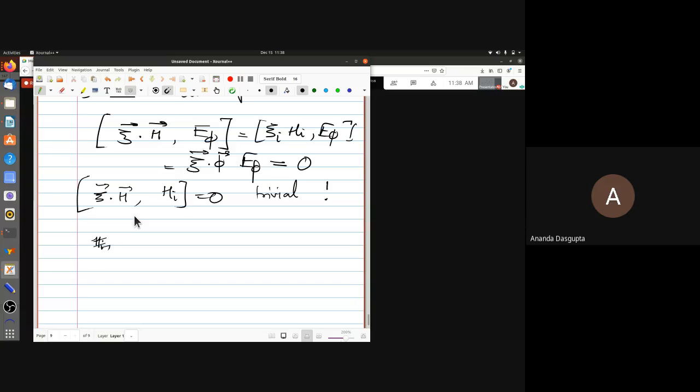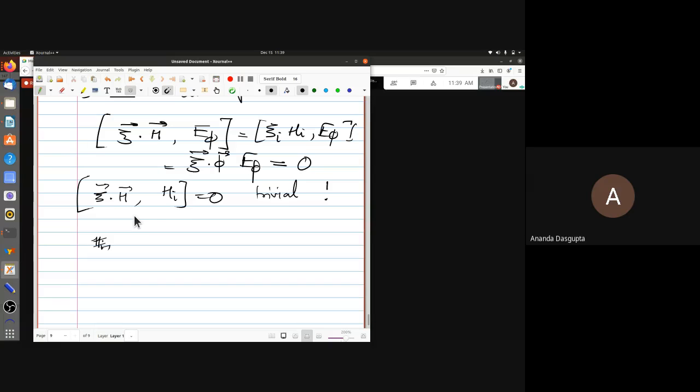No, not really. It doesn't say h_i commutes with E phi. It just says xi dot h commutes with all the E phi, and it commutes with all the h_i. But if you look at the h_i's and the E phi's together, they form a basis set for your entire Lie algebra. Remember, the h_i's commute with each other, so they have a complete set of eigenvectors.